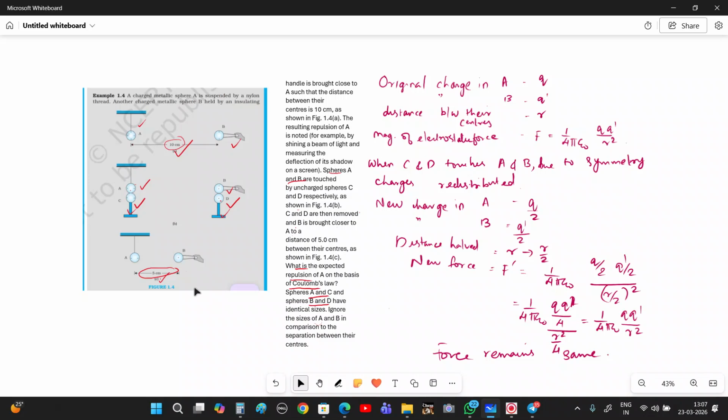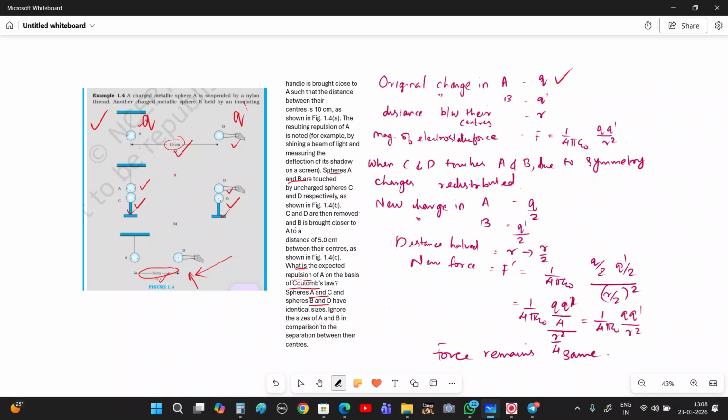So what we have to find out is the force of repulsion in this case. We can consider the initial charge in A. We don't know what the charge actually is, so we consider the initial charge in A as Q and the charge in B as Q dash.